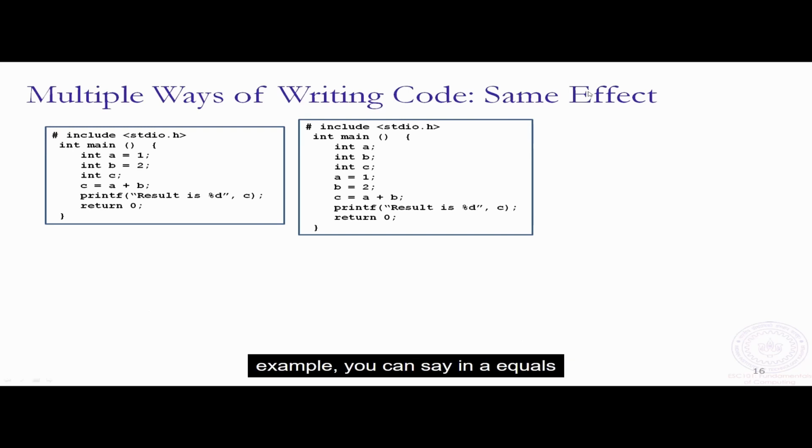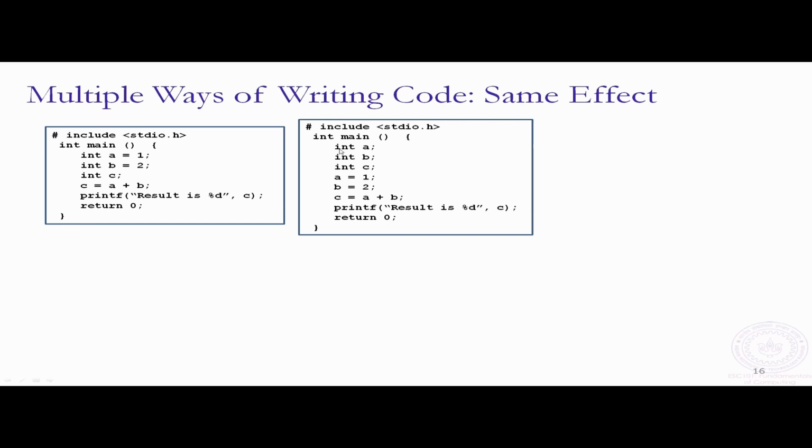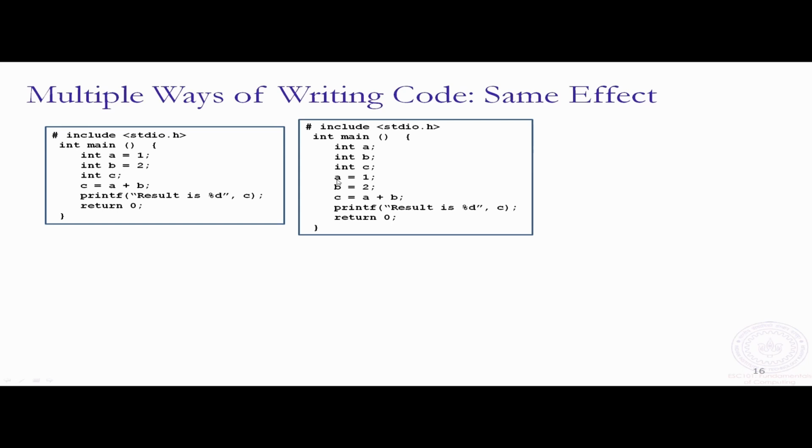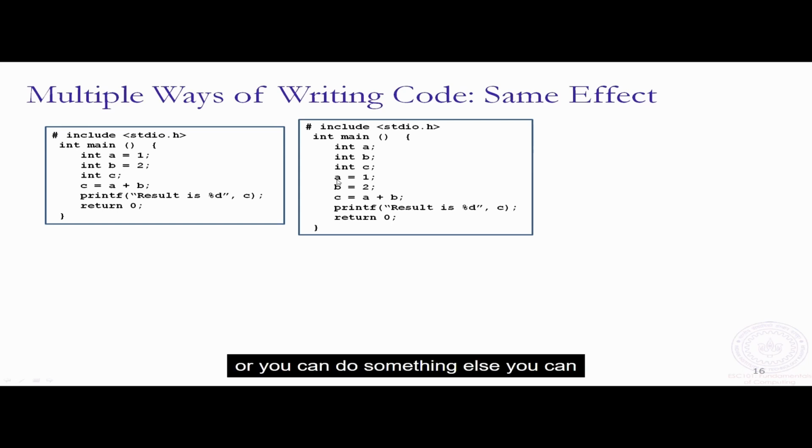So, for example, you can say int a equals 1, or you can just say create a box of type int and call it a. Both are perfectly reasonable statements. And then later on, you can assign the value 1 to a. Or you can do something else.